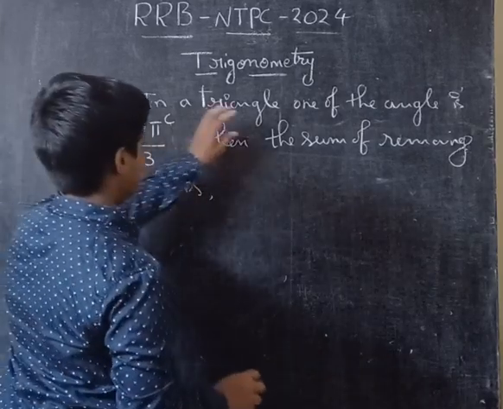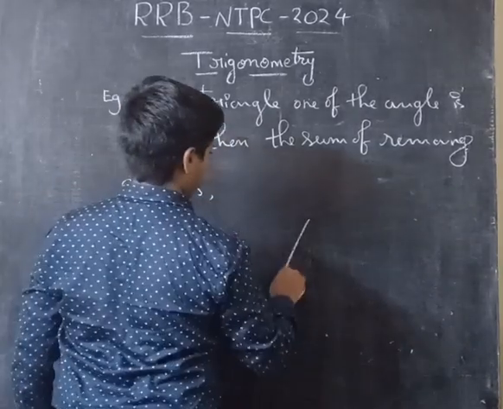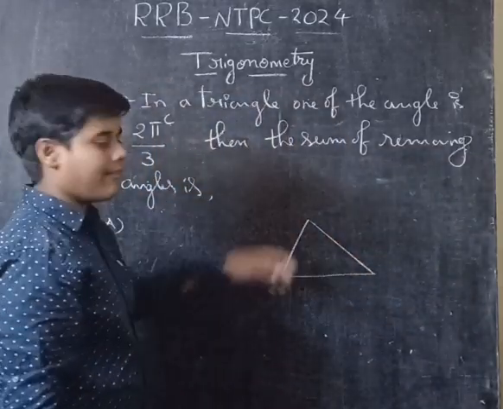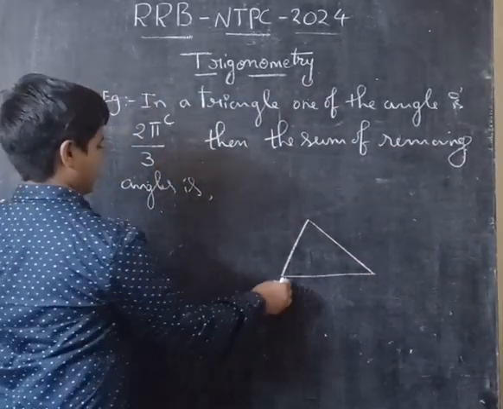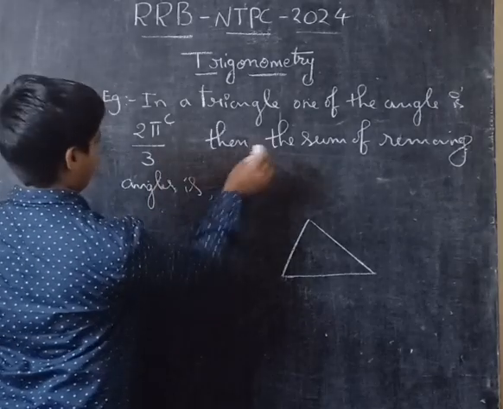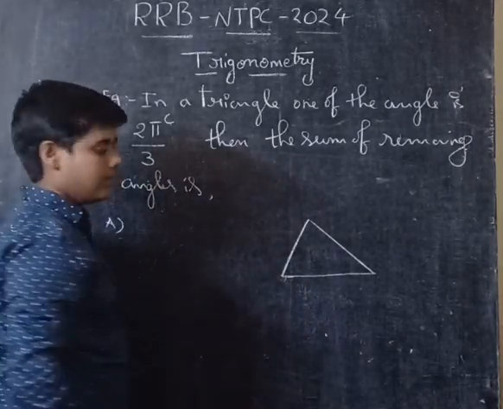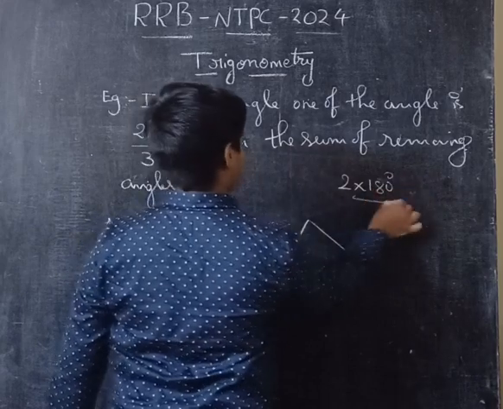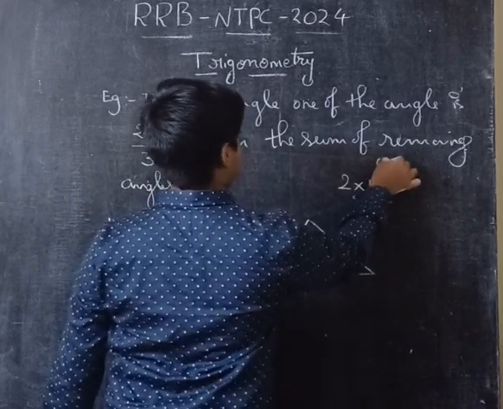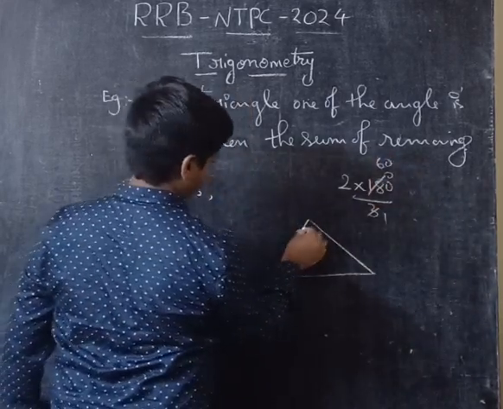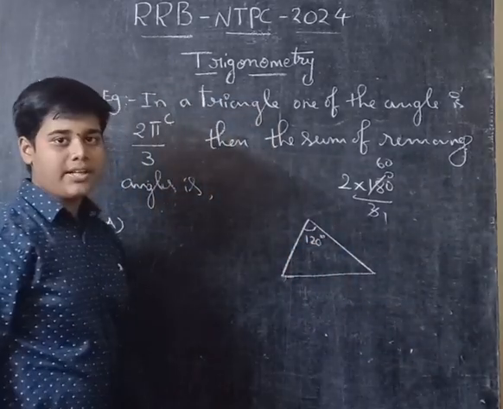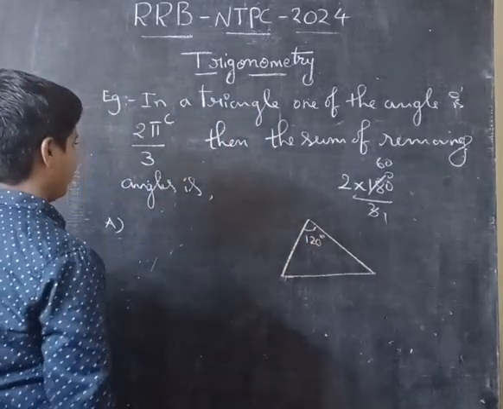We have to draw a triangle. They did not give any naming, so we just draw it like this. One of the angles is 2 pi c by 3, which means 2 into 180 degrees by 3. 3 sixes are 18, so 60 into 2 is 120. So one of the angles is 120 degrees.